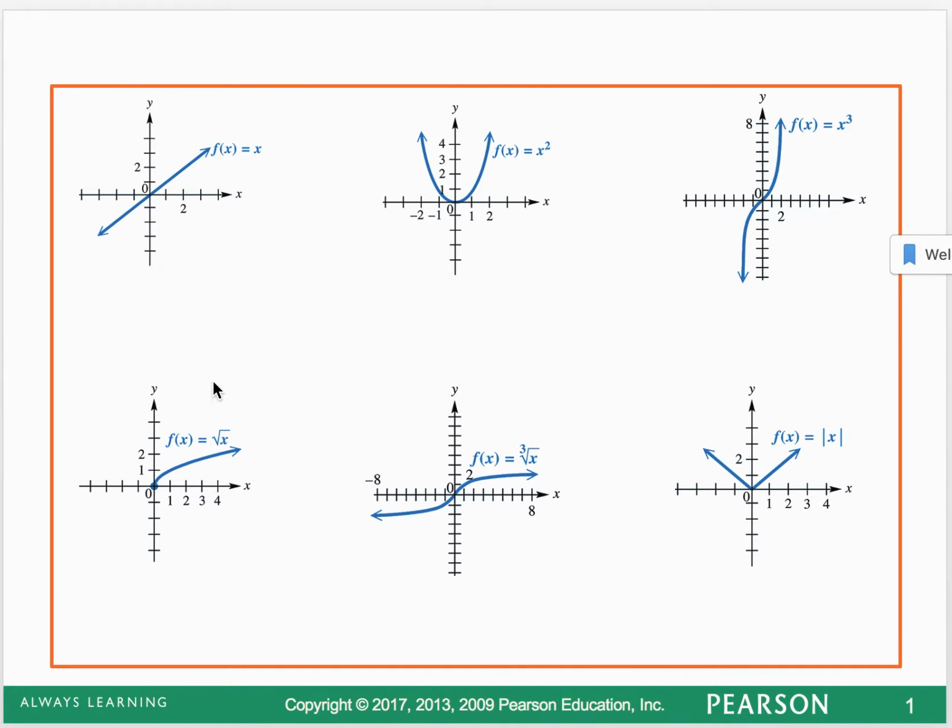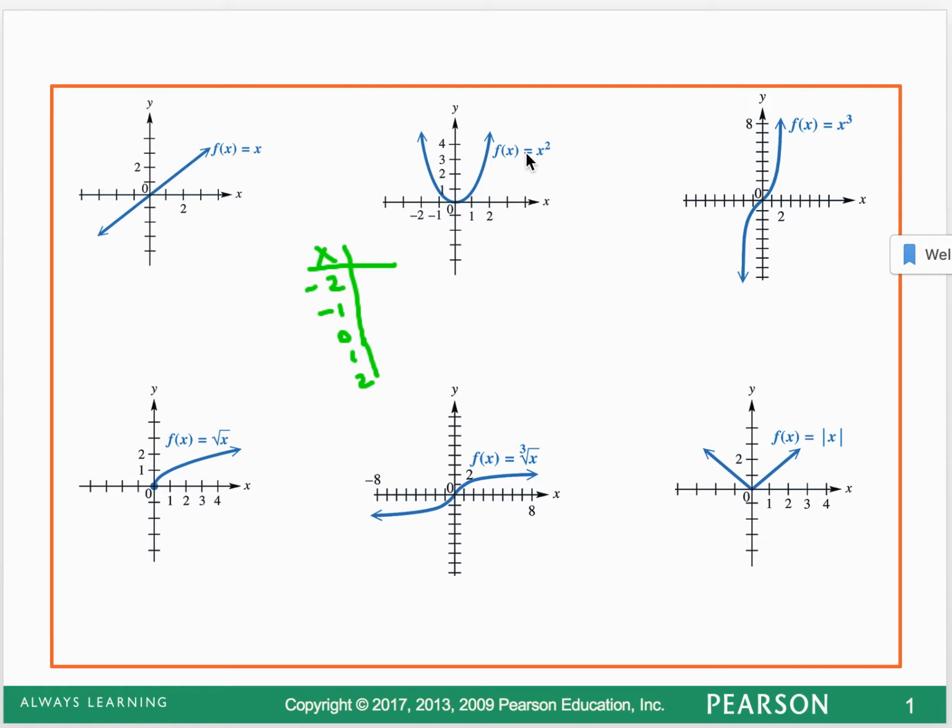Okay, so what I want to be able to do is just very quickly plot these basic shapes. And we're going to do that using just a few basic points. So for example, usually we're going to think of points from -2 to +2, and I only have one operation.